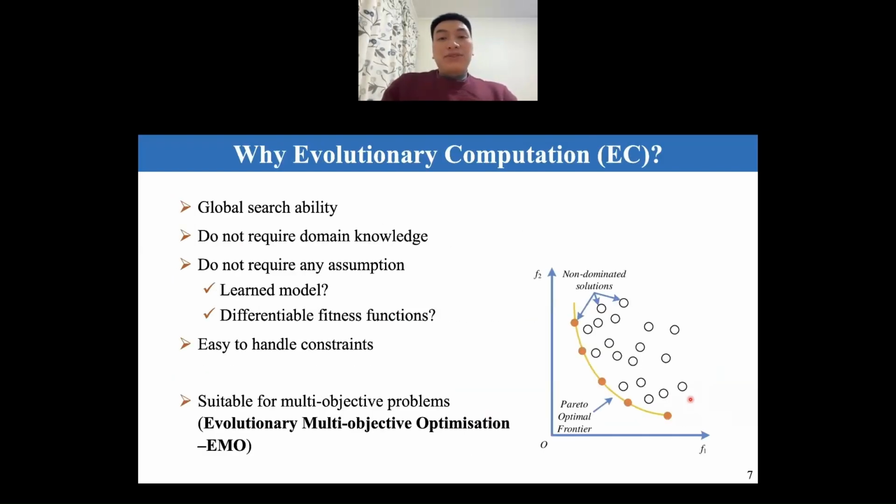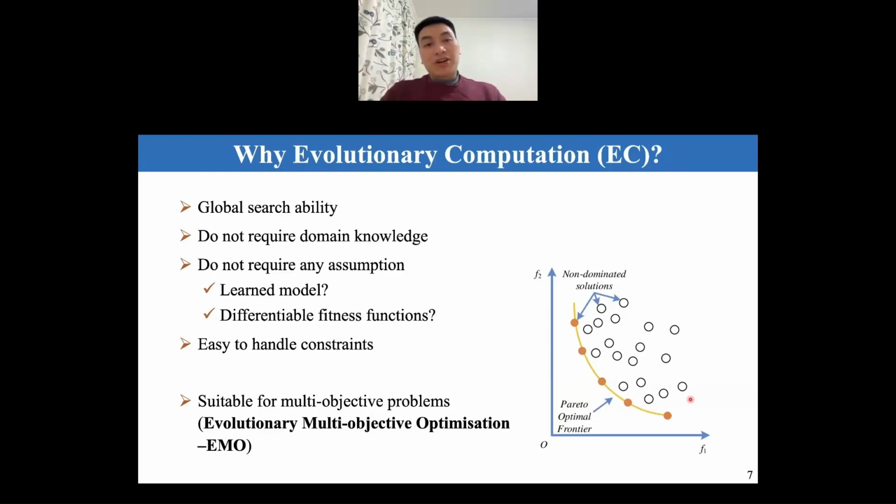Okay, so the main focus of today is the use of evolutionary computation, and particularly evolutionary multi-objective optimization, for feature selection. So why are EC and EMO so popular nowadays for feature selection?